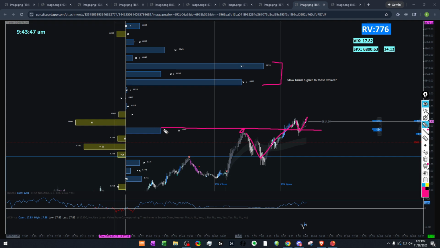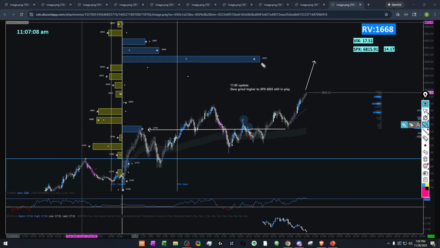So if this one cleared, I said slow grind higher to these strikes. And if we forward through time, so this was at 9:43. At 11:07, it's still in play. This node was holding support, or really support, then resistance, and then got above it, held here.